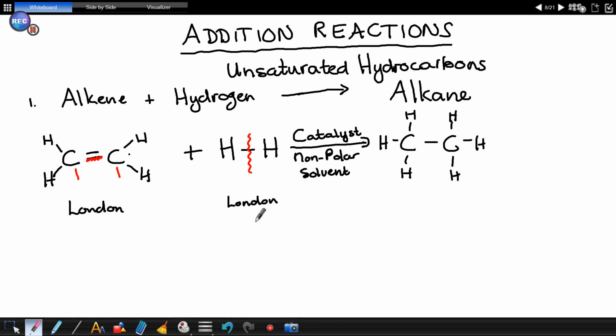So we need a non-polar solvent that will bring these two, the alkene and the hydrogen, into a mixture. So this must create a mixture.